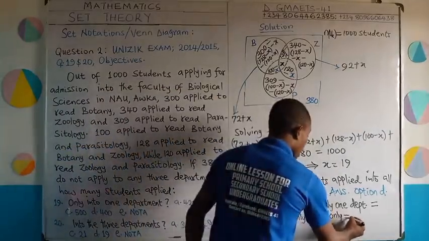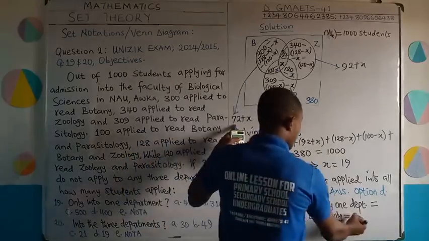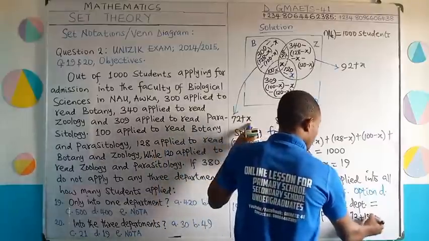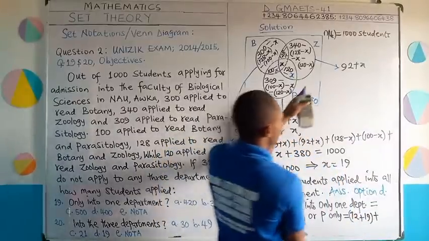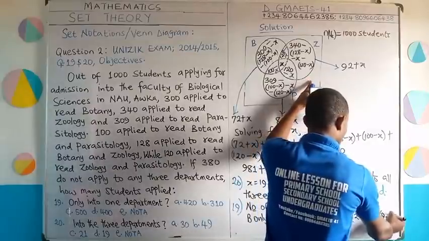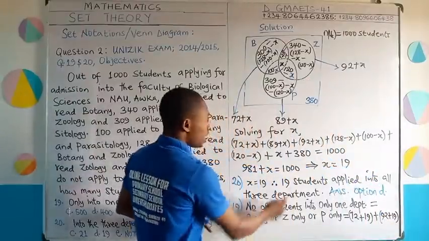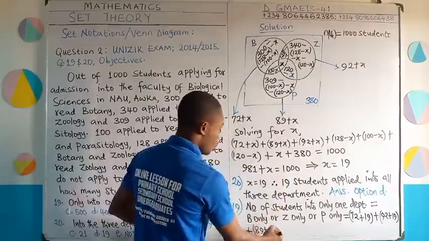So botany only is going to be 72 plus x, and what's the value for our x? 19. Then plus those that applied to zoology only, 92 plus x, and x is 19. And then plus those that applied into parasitology only, which is 89 plus x, and x is 19.